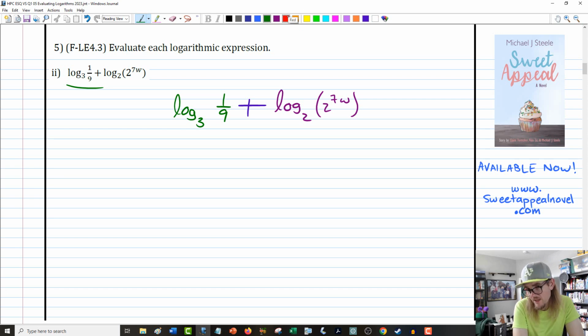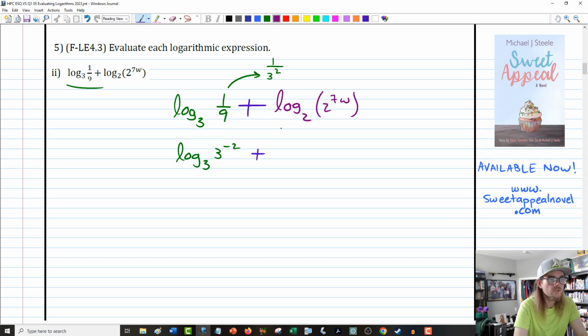Okay, now, what I'm going to aim for, again, even though I can do these in my head, and you probably can too, is to rewrite the arguments, and by the way, the arguments are the parts on the inside of the log, in such a way that we can use that inverse property. So 1/9, by the way, is the same exact thing as 1/3 squared, which means I'm going to write that left-hand term as log base 3 of 3 to the negative 2 power.